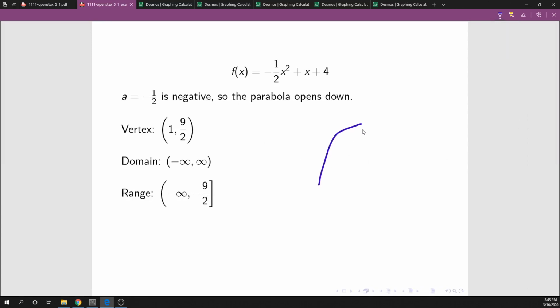Here we know that this parabola opens down, and we know that on the y-axis, that highest point is at 9/2. And so the range will be all real numbers less than or equal to 9/2, like that.